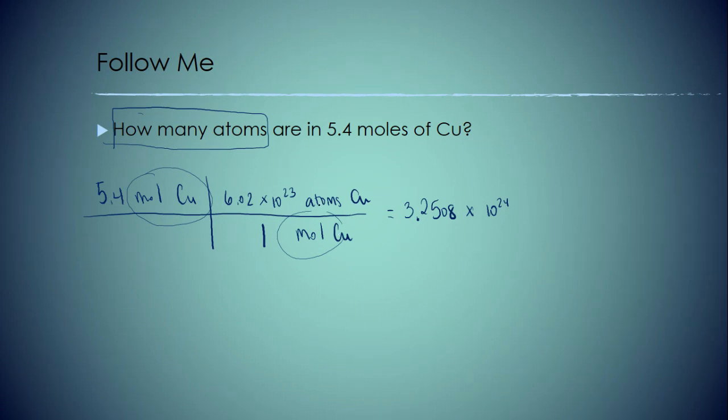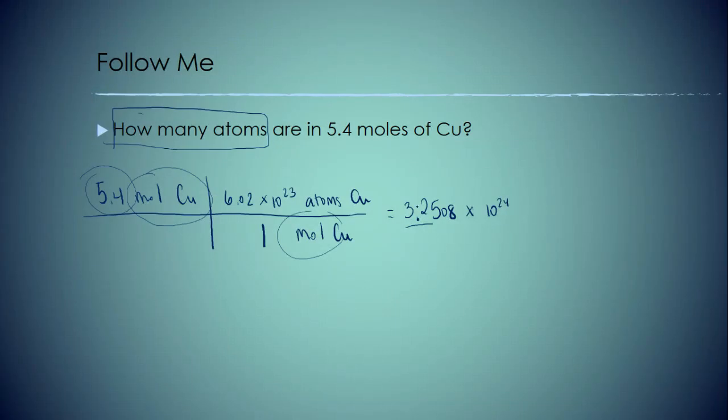And this is the first time that we've used sig figs since Module 1. We're going to use them pretty frequently from here on out. So you also could go back to Module 1 to review that. This right here doesn't count with the sig figs because they're reference numbers. It has an infinite number of sig figs. So I'm only looking at this one right here. 5.4 has 2 significant figures, so my answer can have 2 significant figures.